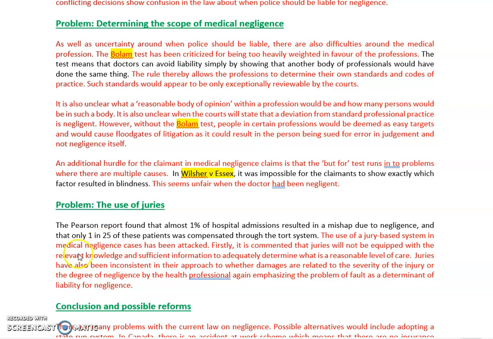And juries aren't necessarily going to have the relevant knowledge or sufficient information to adequately determine what's a reasonable level of care. They've also been, as you'd imagine, inconsistent in their approach to whether damages are related to the severity of the injury or the degree of negligence by the health professional. And again, this emphasises the problem of fault as a determinant of liability for negligence.